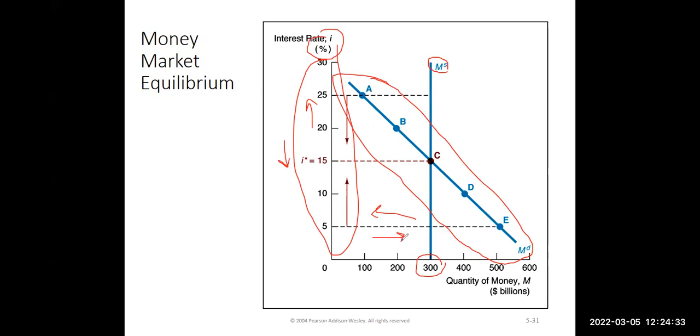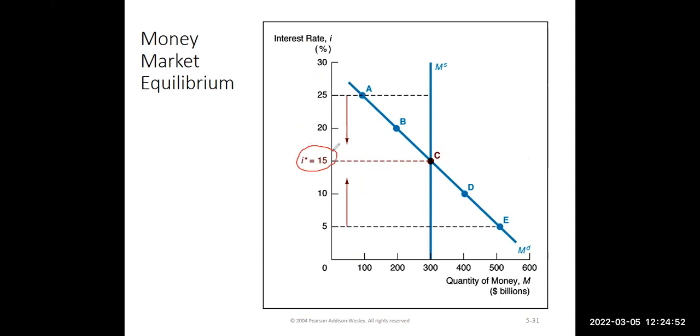So the point where these two curves meet together, what will you get from that point? Equilibrium interest rate.